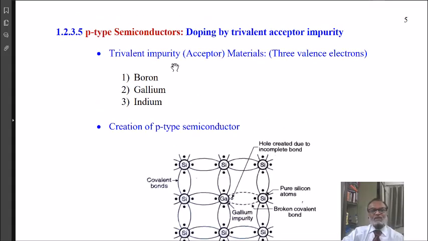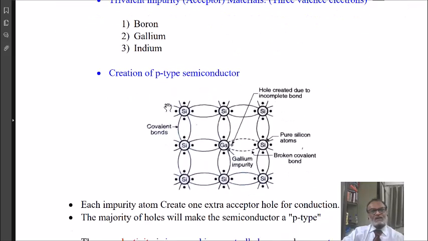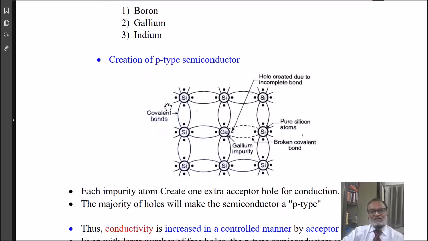Now, if you see the P type of semiconductor, the doping impurity is a trivalent impurity, also called acceptor impurity. Typical materials used for making P-type semiconductor are boron, gallium, and indium. Here, the structure created after doping is shown. Here, one impurity atom of gallium is shown.